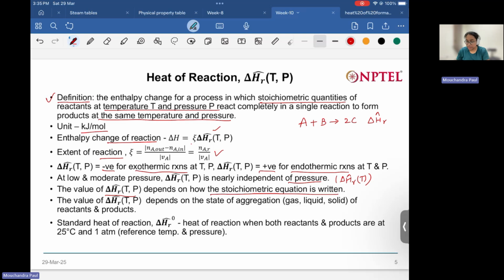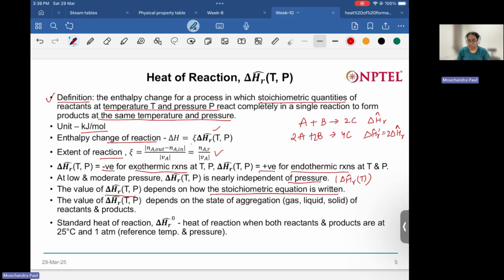But if you write it as 2A plus 2B gives 4C, then your new heat of the reaction will become 2 times delta HR. So it depends on how the stoichiometric coefficients are written.